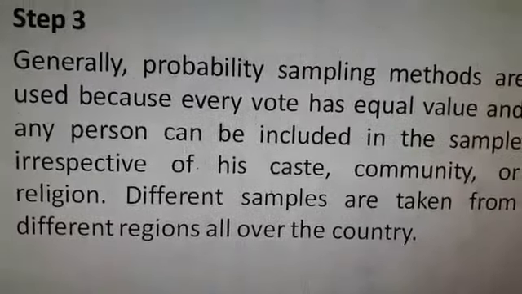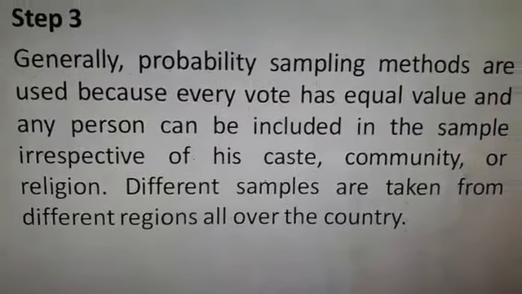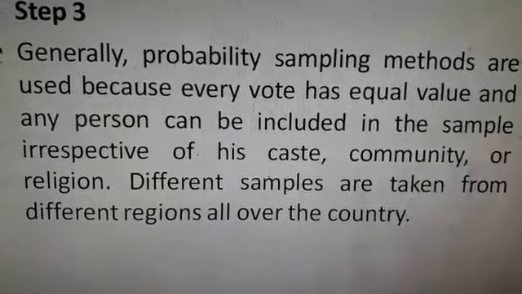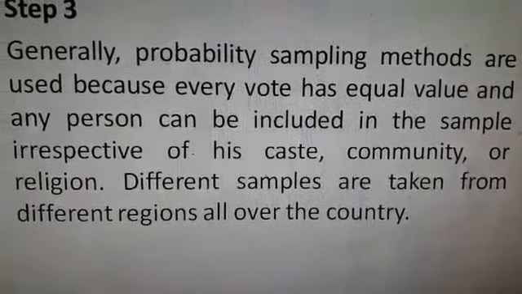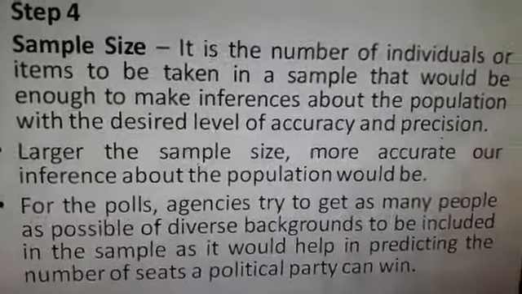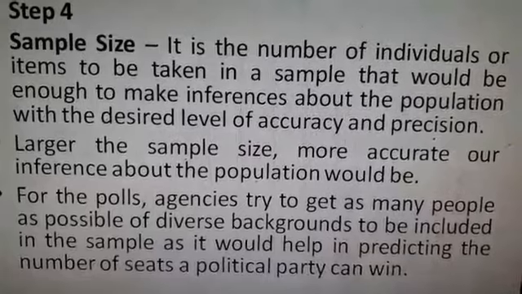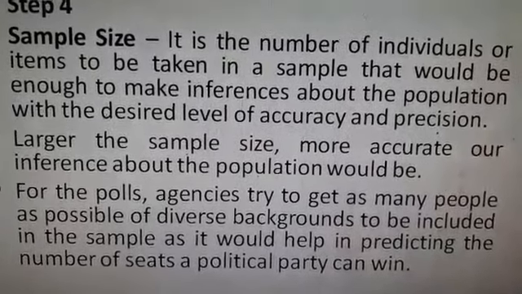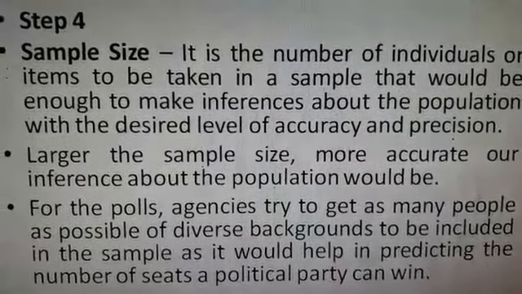Step 3: probability sampling methods are used because every vote has equal value and any person can be included in the sample irrespective of caste, community, or religion. So different samples are taken from different religions all over the country. Step 4 is sample size. It is the number of individuals or items to be taken in the sample that would be enough to make inference about the population with a desired level of accuracy and precision.